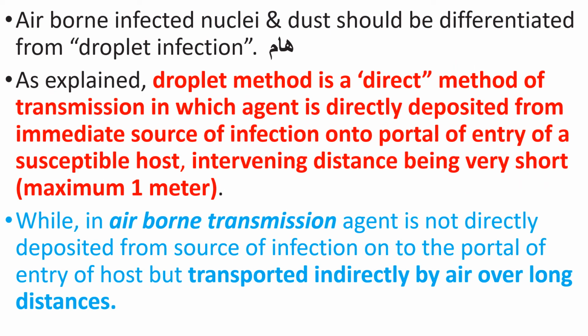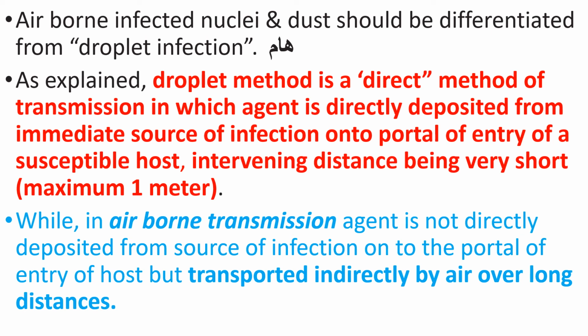Here is an important note. Airborne infected nuclei and dust should be differentiated from droplet infection. It is not droplet infection. It is called airborne. It is carried by air. As explained, droplet method is a direct method of transmission in which agent is directly deposited from immediate source of infection onto a portal, and the distance between both the source and the host is at maximum 1 meter.